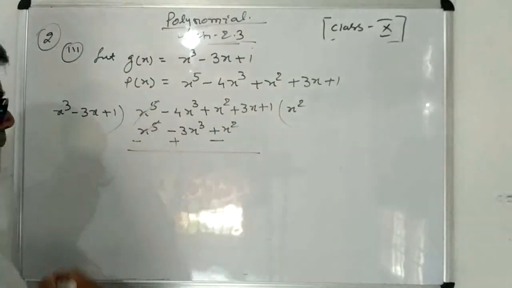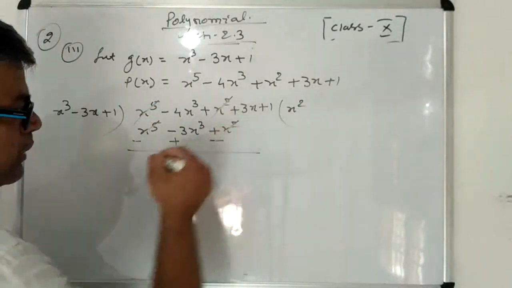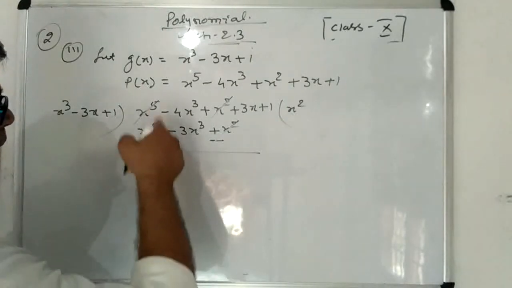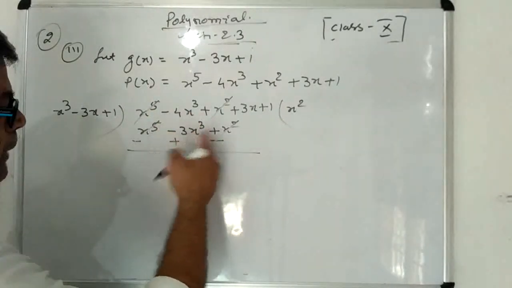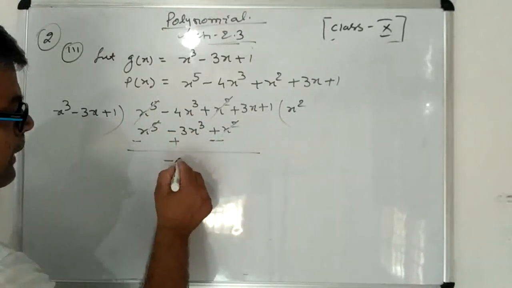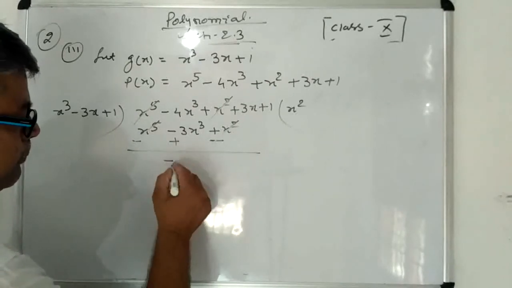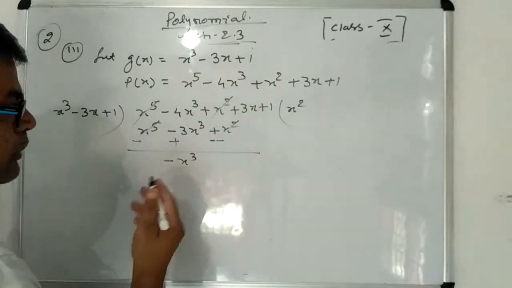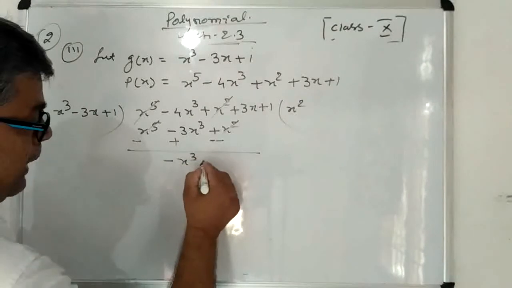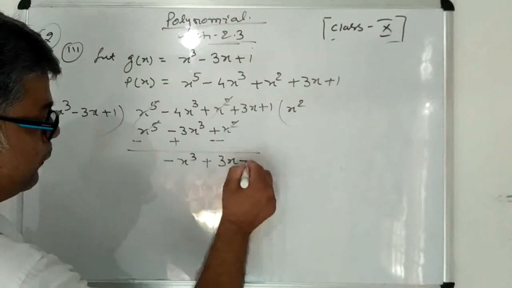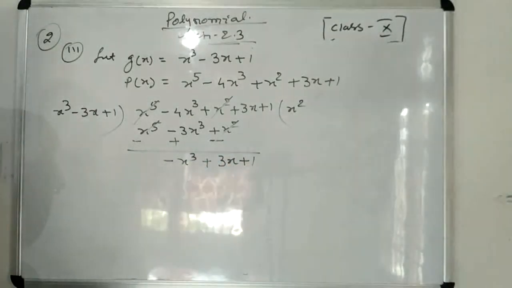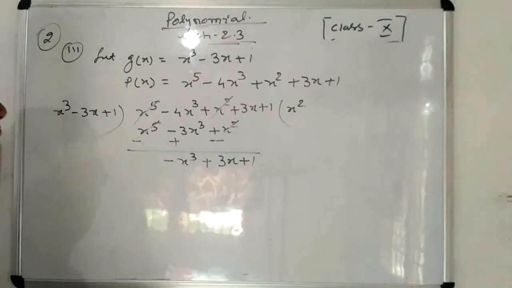This x to the power 5 will get cancelled and x square also gets cancelled. Now you have minus 4x cube plus 3x cube, so it will be minus x cube plus 3x plus 1.